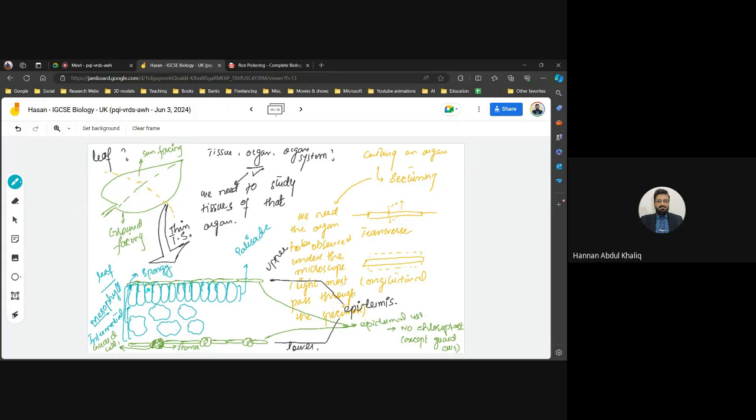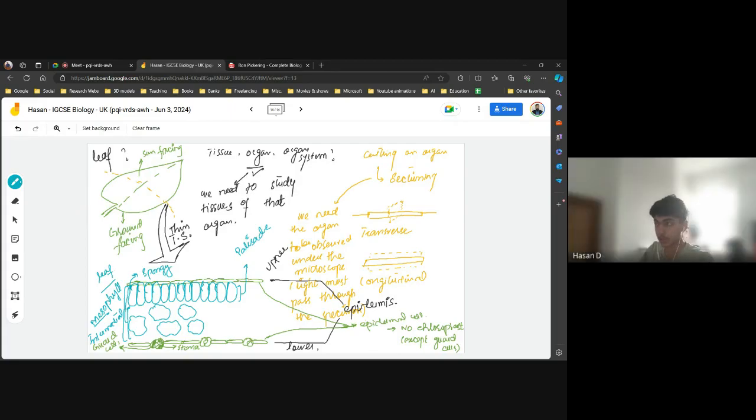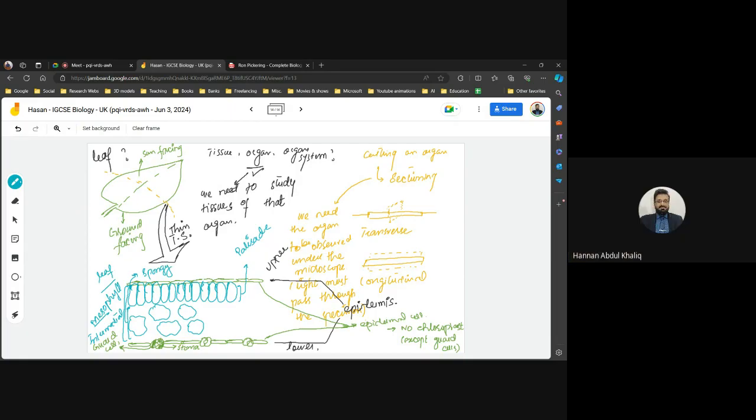What would be the complete names of these layers? Of the spongy part, what would be the complete name? Spongy mesophyll. And for the palisade, palisade mesophyll.